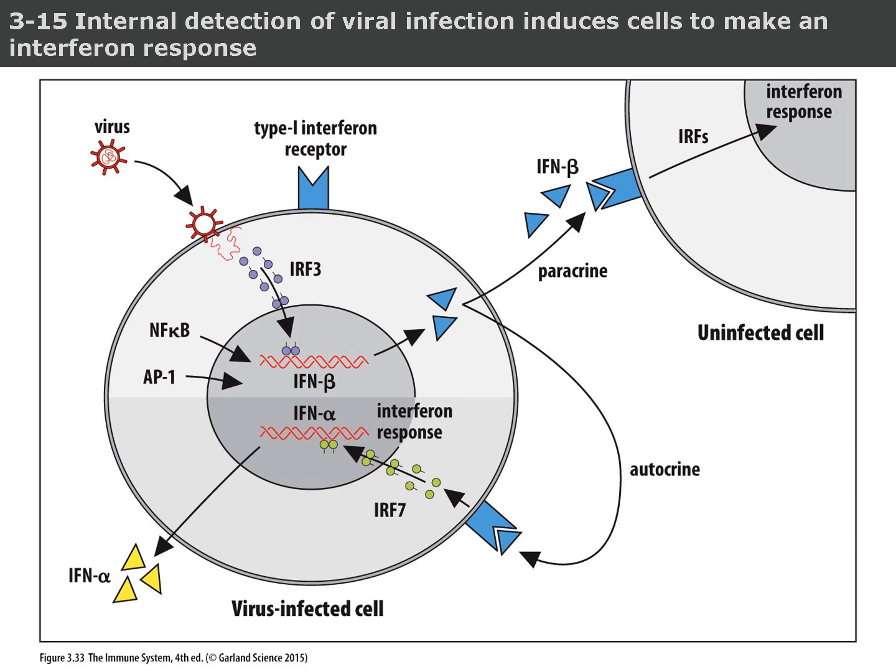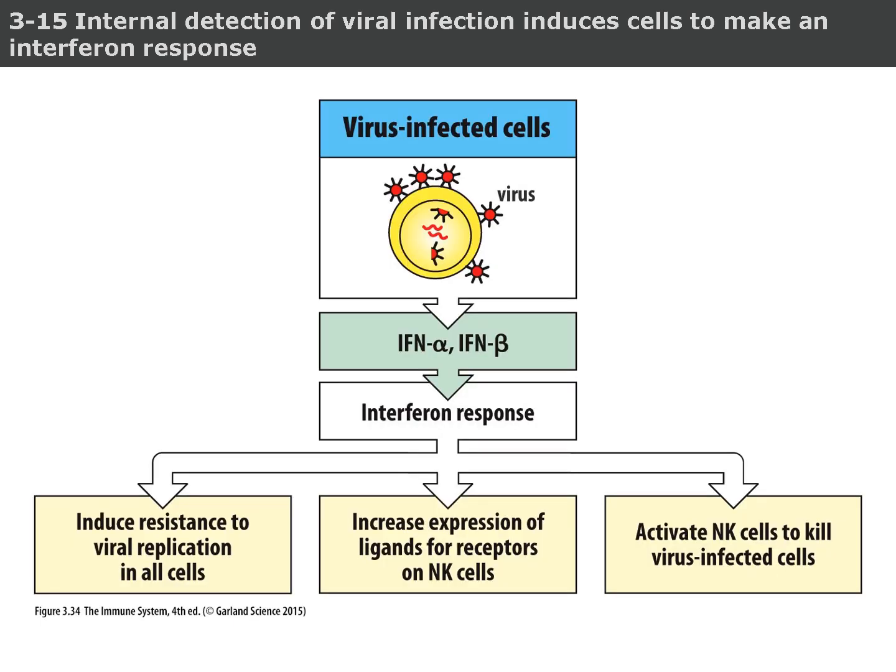This transcription factor is crucial for the production of interferon alpha, which further enhances the antiviral state within the infected cell and in surrounding cells. The result is a robust interferon-mediated immune response that limits viral spread and primes uninfected cells for defense.